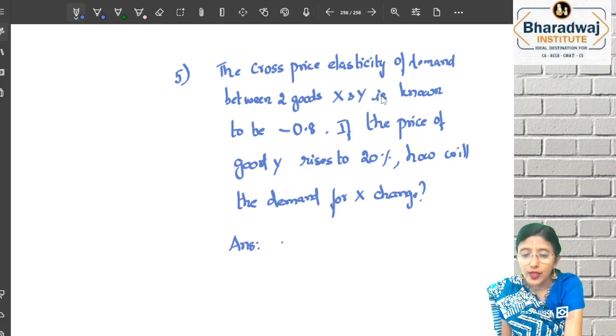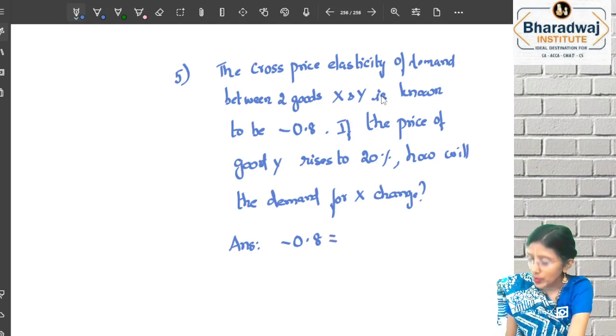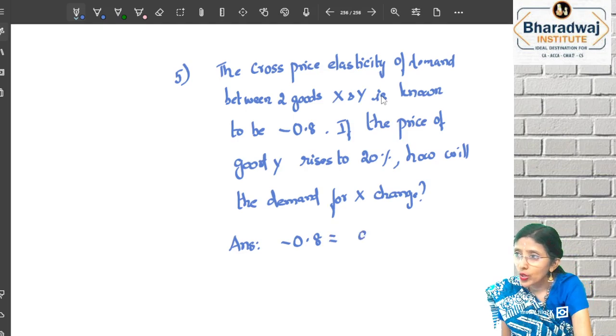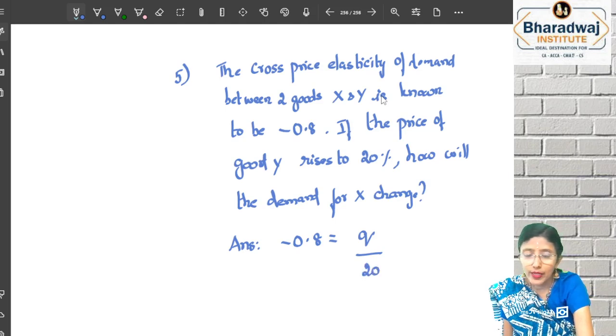So it will be minus 0.8 is equal to, did you do like that? Because elasticity is there by, it is Q by 20. And what is the answer you got? It is 16, plus or minus? Minus. Okay.